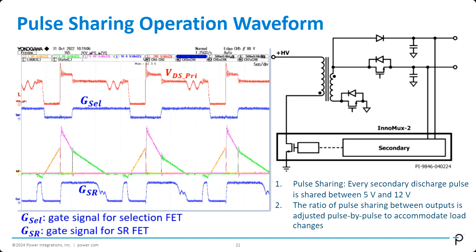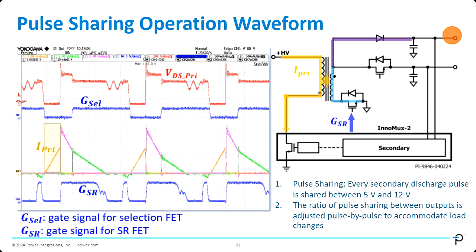Let's have a look at some waveforms, current waveforms, to help you better understand what's going on. Again, the red is the primary VDS, then the selection FET gate, current waveforms, and SR gate. Nothing to say about the primary current, the yellow one. And then on the secondary side, I first want to discharge the current to the top output, which is the 12-volt.